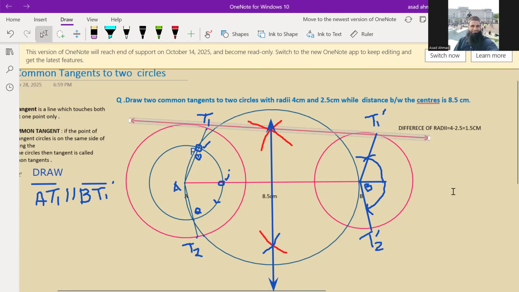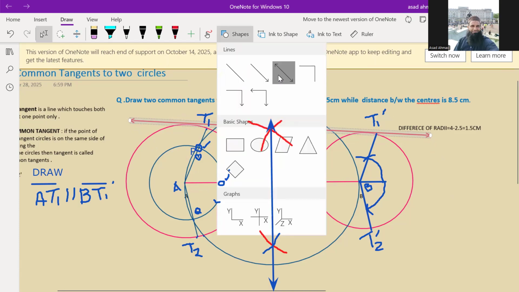This is how you have to join T1 to T1 dash and T2 to T2 dash. You just make sure that the line should touch only at one point. It should not go through the circle. So I haven't used any compass in this drawing. I'm just telling you the steps that will help you to draw this diagram.